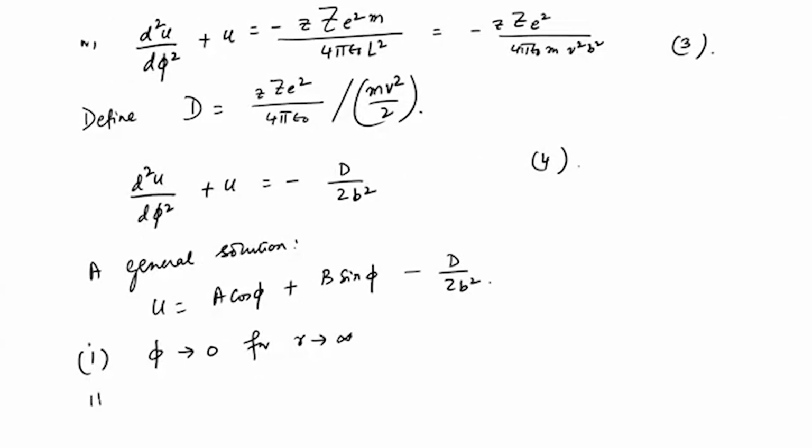And the second one is dr dt, it goes to minus v for r going to infinity. Okay. So, we are talking about v in the positive direction, that is why it is written as minus v, and that is how at very large distances we have this v, which is the velocity of the approaching alpha particles. Okay.